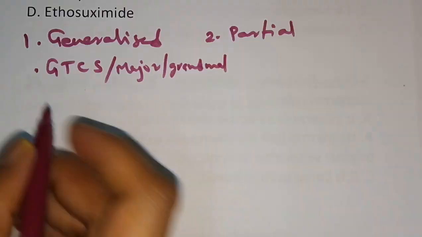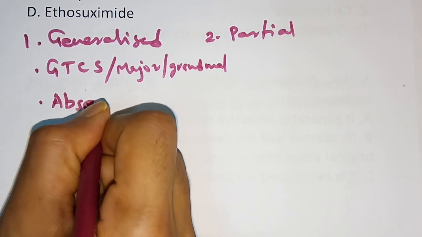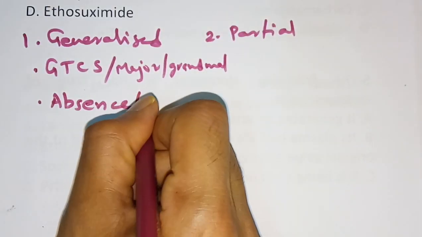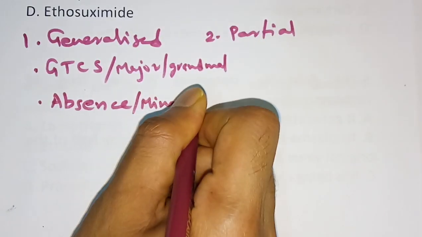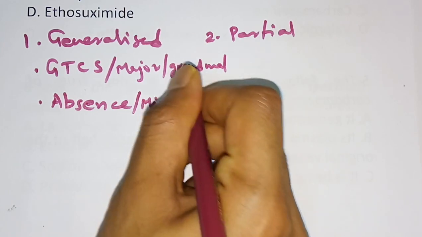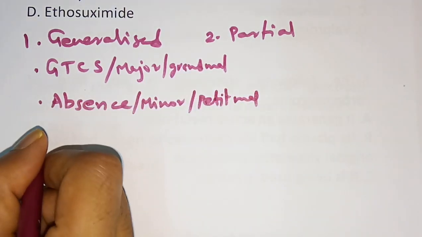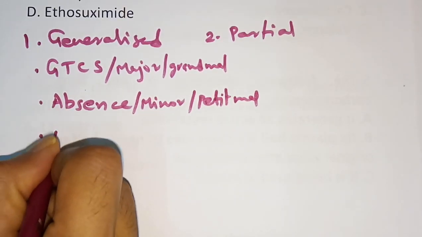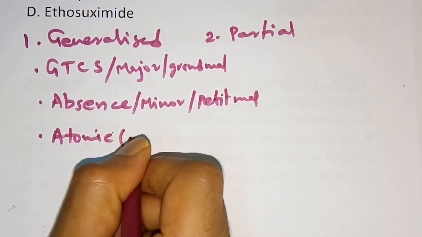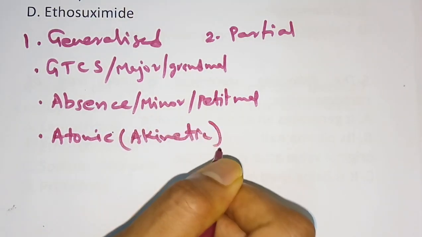The second type is absence seizure. It's coming under generalized seizure. It's also known as minor seizure, minor epilepsy or petit mal. Here it is grand mal, this is petit mal. Then the third one, atonic seizure or akinetic seizure.